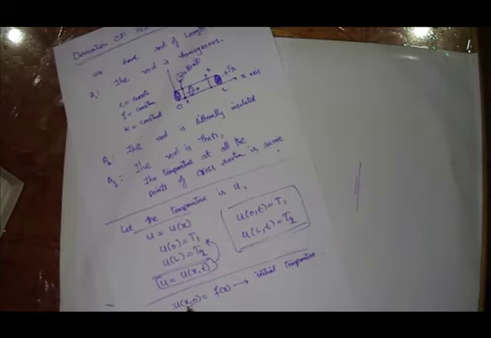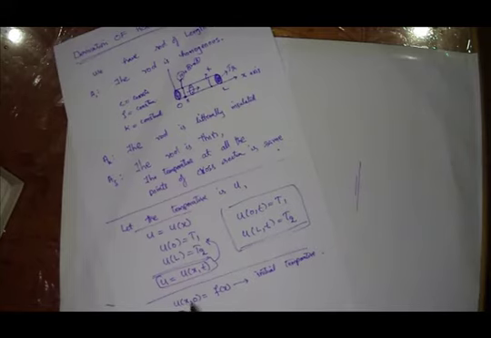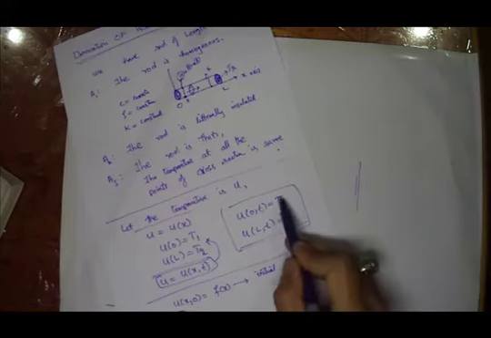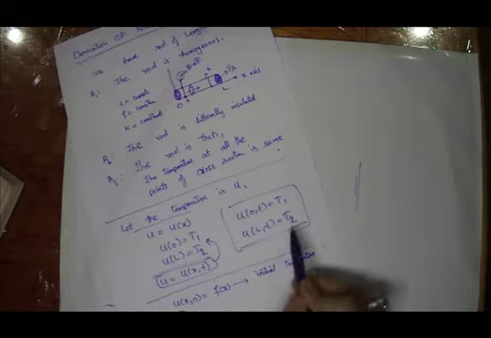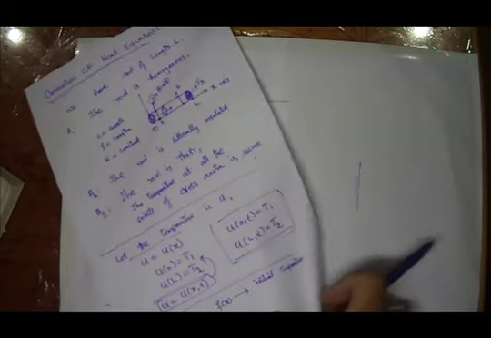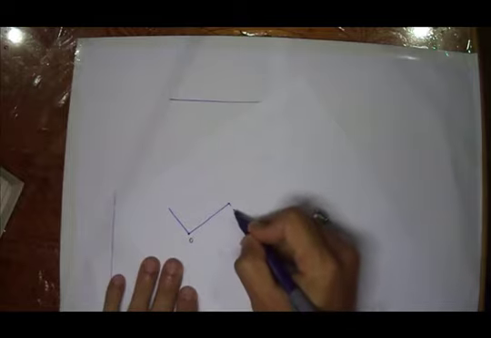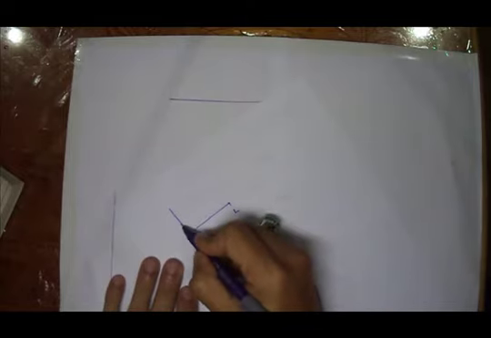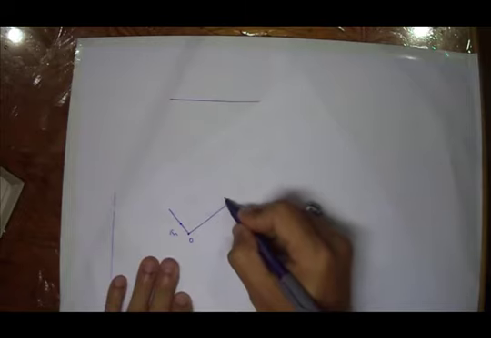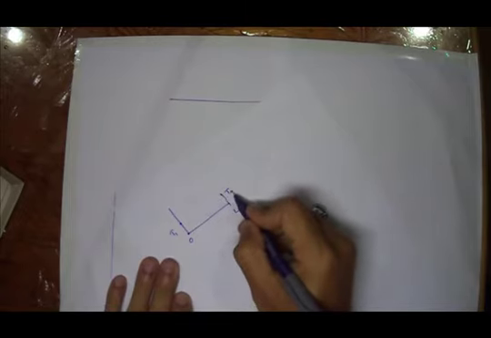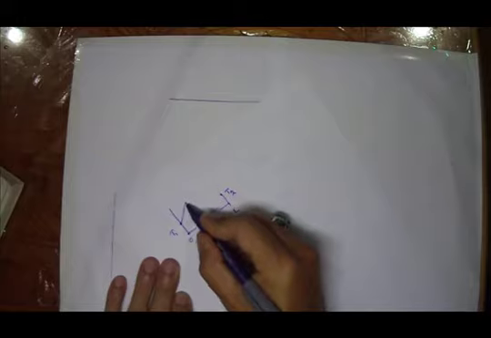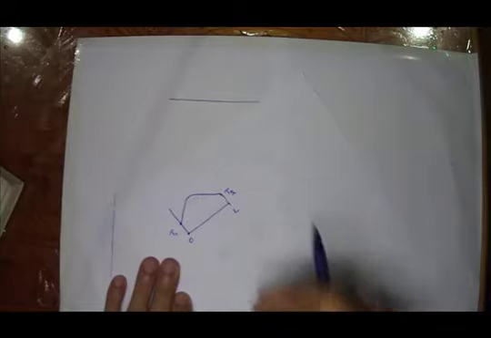Okay, if we substitute x is equal to 0, then f of 0 and T1 must be same. If we substitute x is equal to L, then f of L is equivalent to T2. Assume this is the rod, the temperature at this point is T1, temperature at this point is T2, and the initial temperature of the rod is this one.